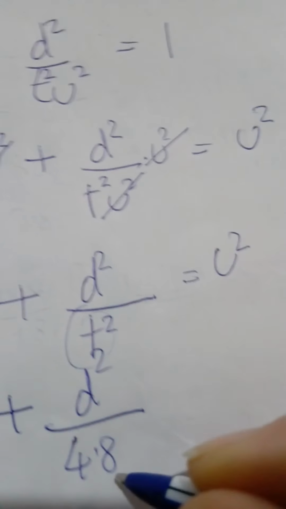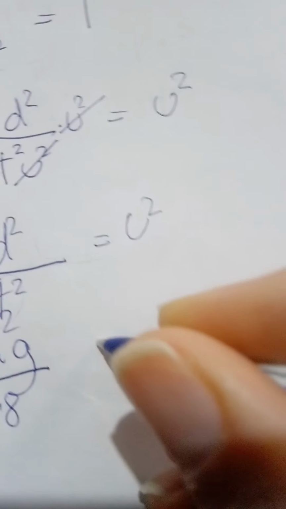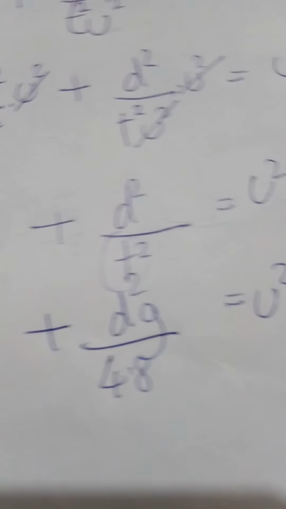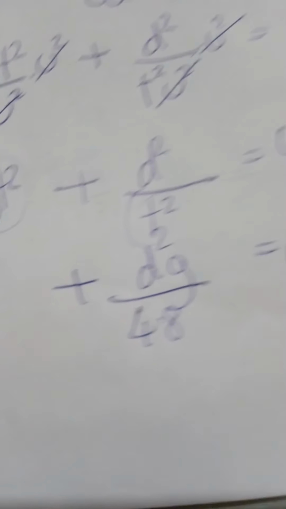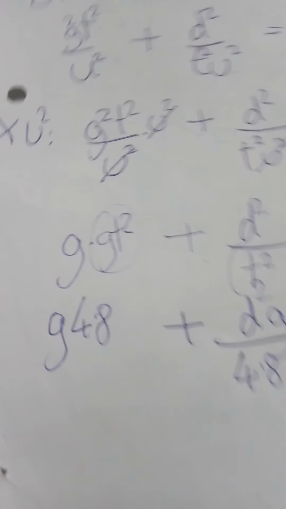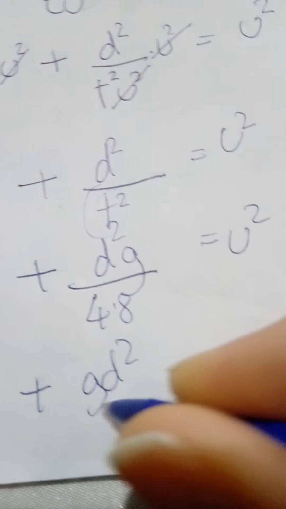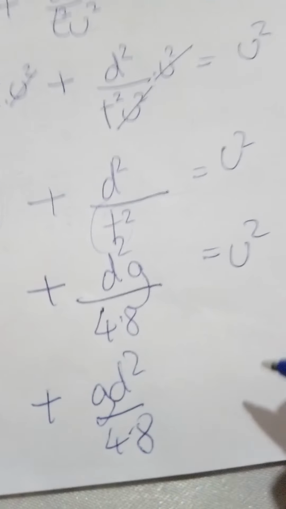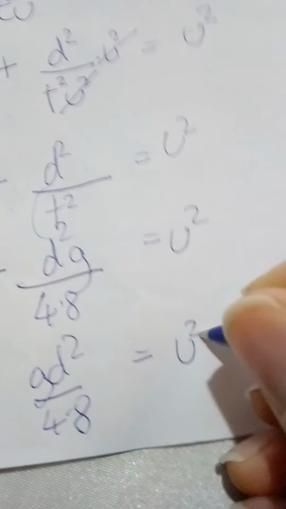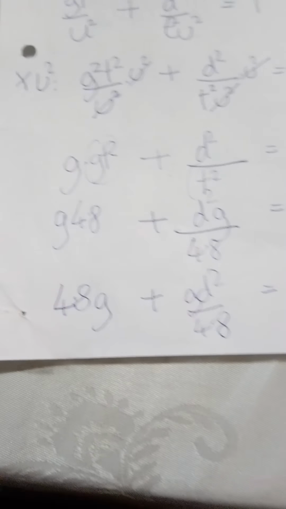So here we'll get d squared over, instead of t squared, 4.8 over g, which goes to the top, equals u squared. And I think it is what we need to find, because now I just arrange it and we get 4.8g plus gd squared on 4.8 equals u squared, which has to be the initial velocity squared.